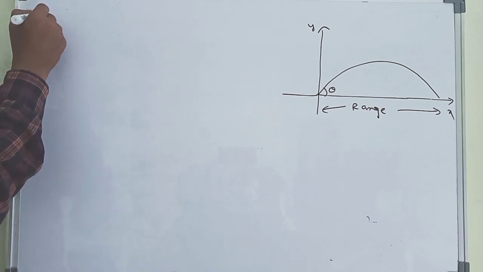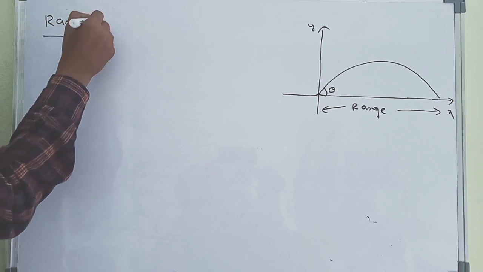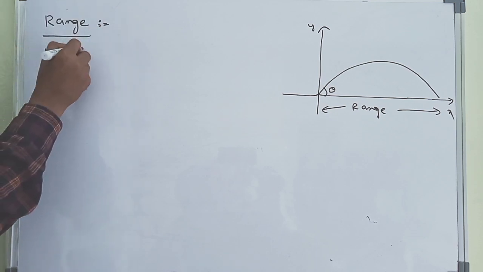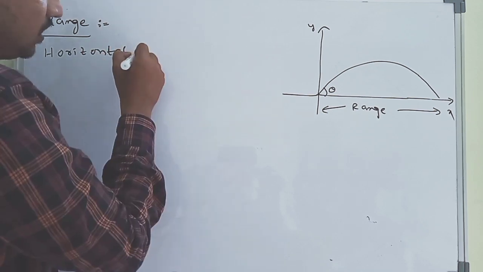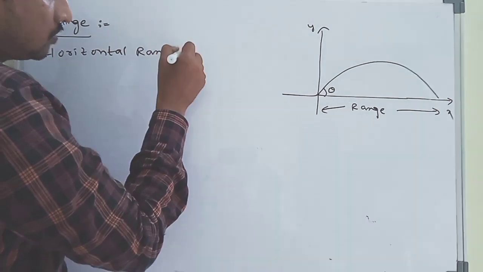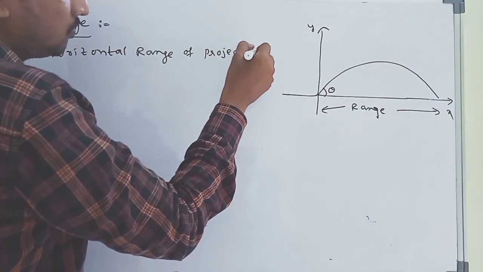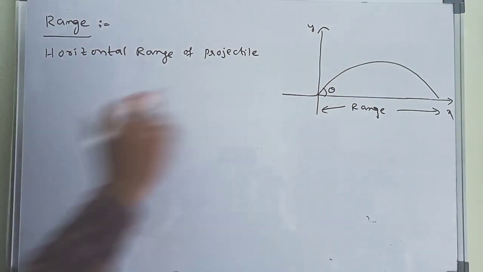So we go with range. What range? Horizontal range of the projectile. Range means horizontal range. So what is meant by horizontal range of the projectile?